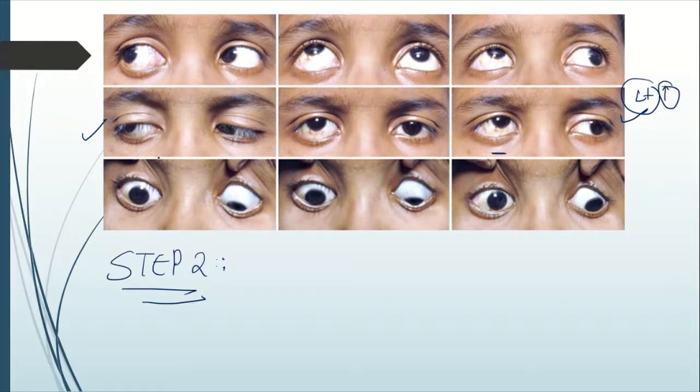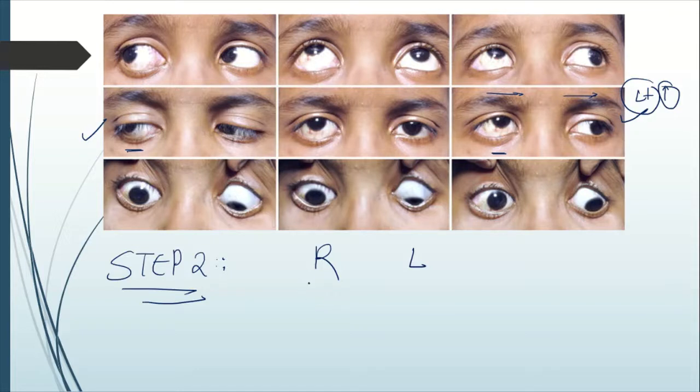Look at this eye and look at this eye. You can see that the right hypertropia is increasing with the left horizontal gaze. So for my right eye, I have to think of the muscles which elevate and depress in adducted position, and for the left eye in abducted position.